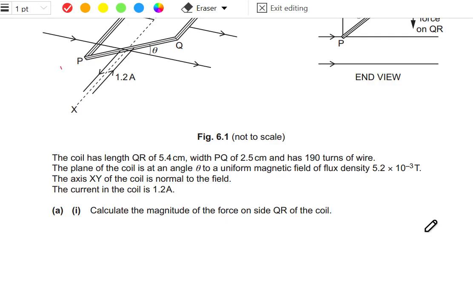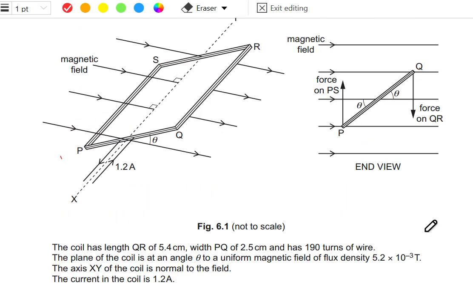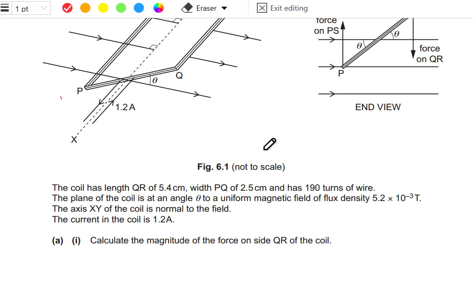Calculate the force on side QR. So side QR is in a plane perpendicular to the field plane. So we can apply the formula F equals BIL and substitute easily from the values given.